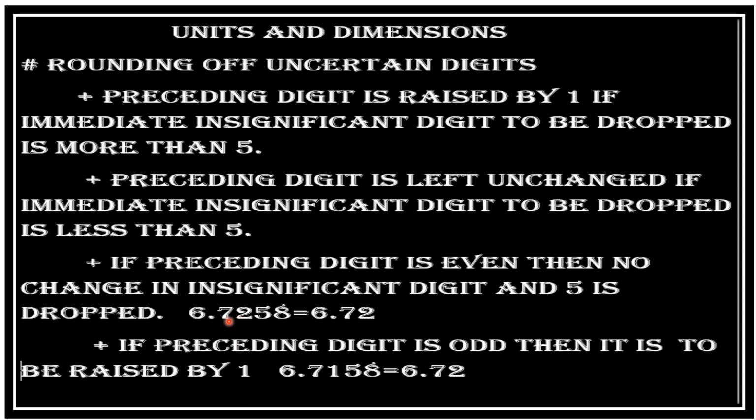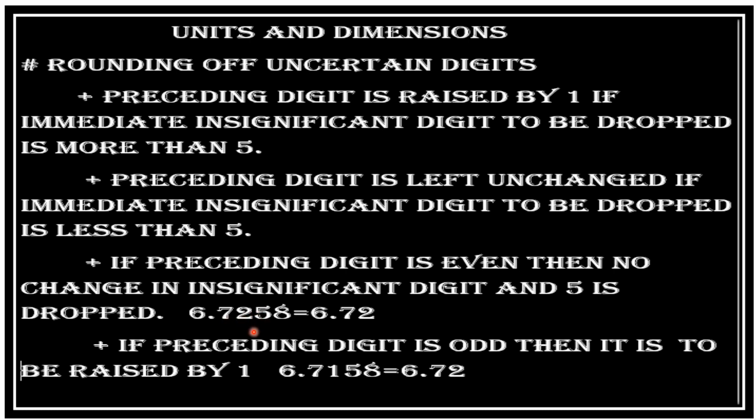It becomes 6.8. Those are the two examples for these two points. And there is a separate case where 5 is included. If the preceding digit is even, then there is no change and the 5 is dropped. Here this is an even number, so we do not increase anything.